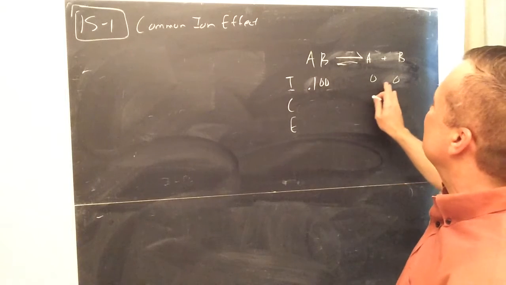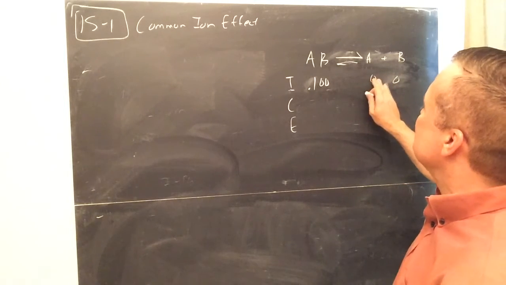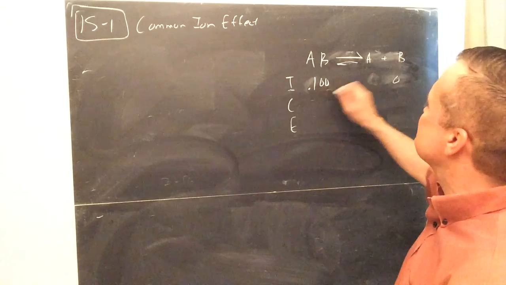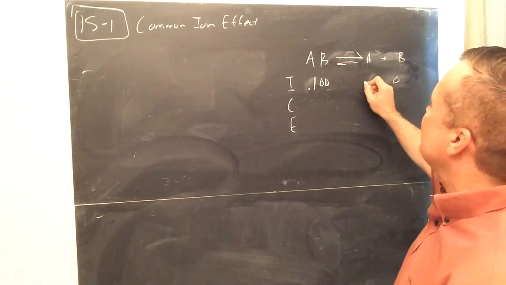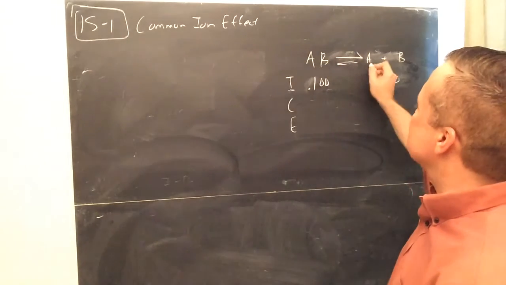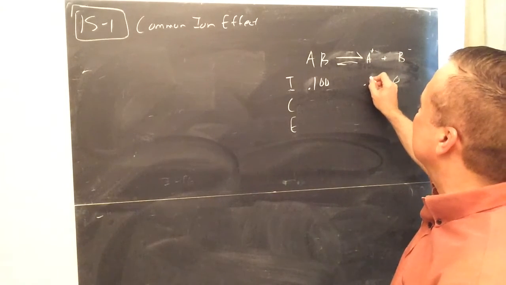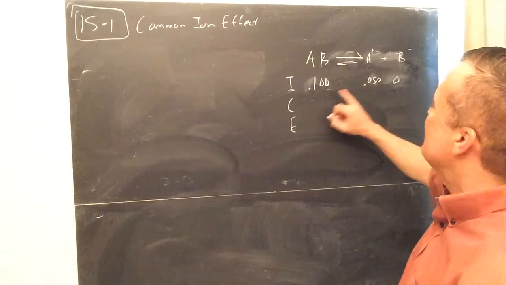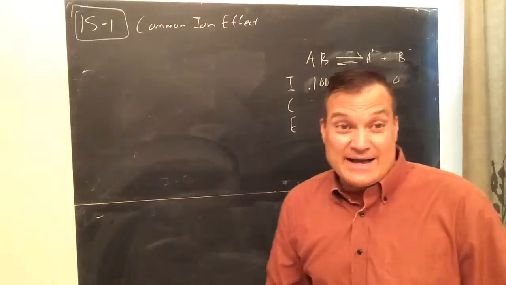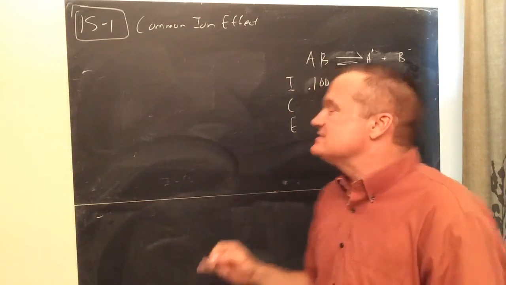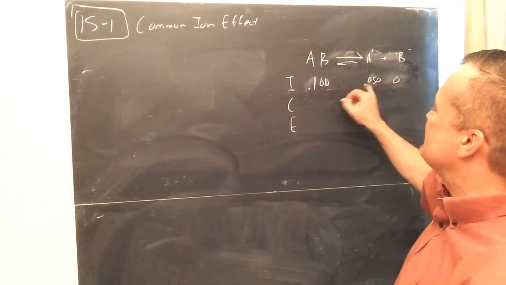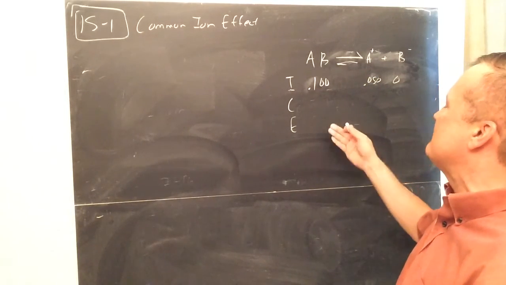Well, what if you did not have a 0 here? What if you started off with this, and you also had an ion, A was an ion, for example, maybe plus and minus, and A was like 0.050? Well, that's called a common ion. Having that initially is going to affect your equilibrium, and that makes sense.